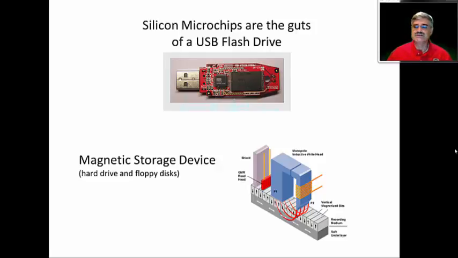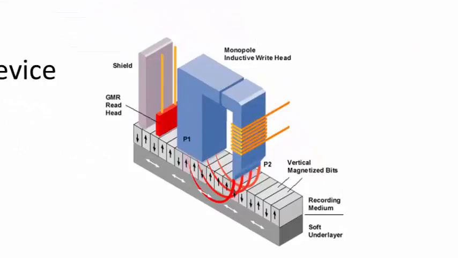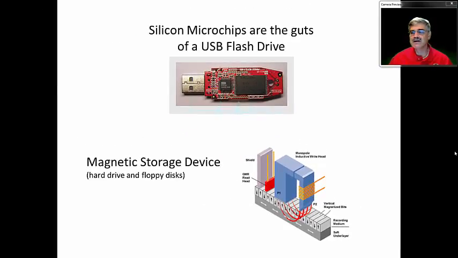Well, in magnetic storage devices, something like a layer of iron oxide covers the floppy disk or the hard drive disk, and there is a writing head that moves along the disk, and based on the direction of the current through this writing head, it will produce a magnetic field of one direction or the other, which then aligns the magnetic material on the disc as being either pointing north or pointing south, because the ferric oxide is one of these ferromagnetic materials. So again, we have two orientations, and that will support storage of information using what we call the binary code.